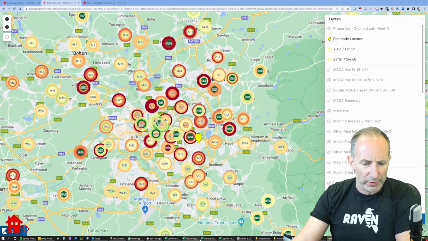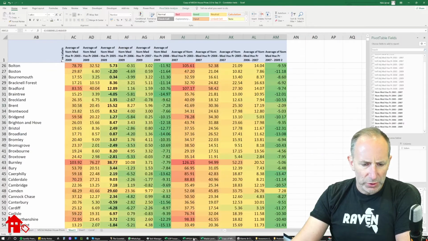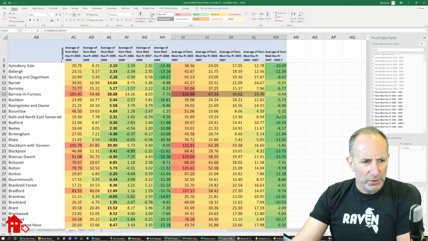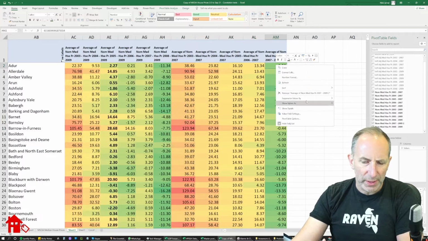Broadly, the areas which did best in the crash were those which were not too poor, middling areas basically, and they weren't overbought too aggressively. Although saying that, that's not necessarily the case.